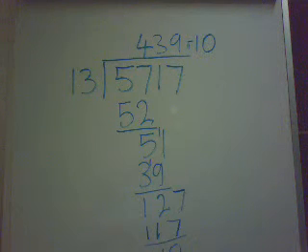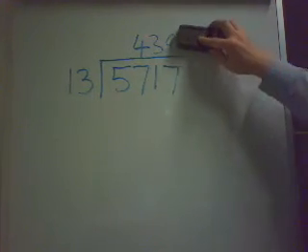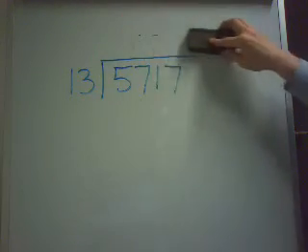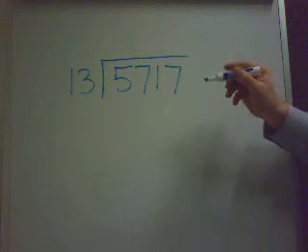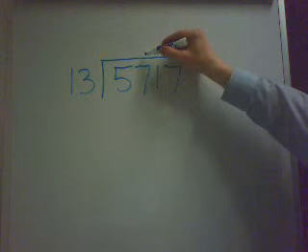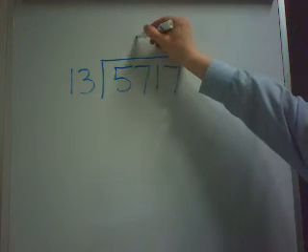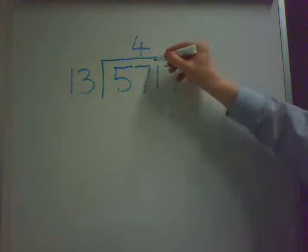Now the other method, the shorter method to do the same long division. Again we go to this point, 13 into 57 goes 4 times. 4 13s are 52, so the remainder is 5.